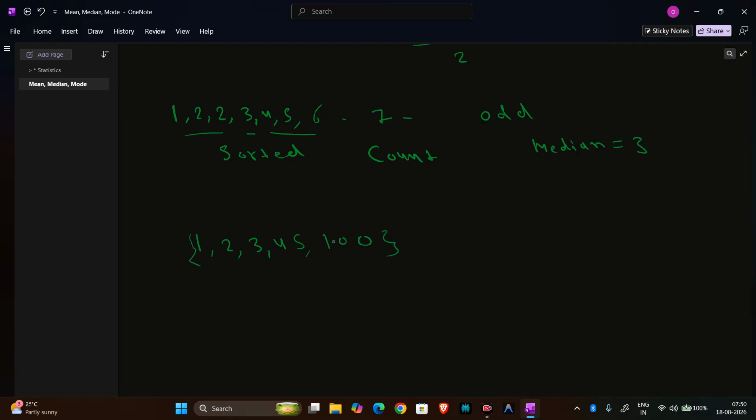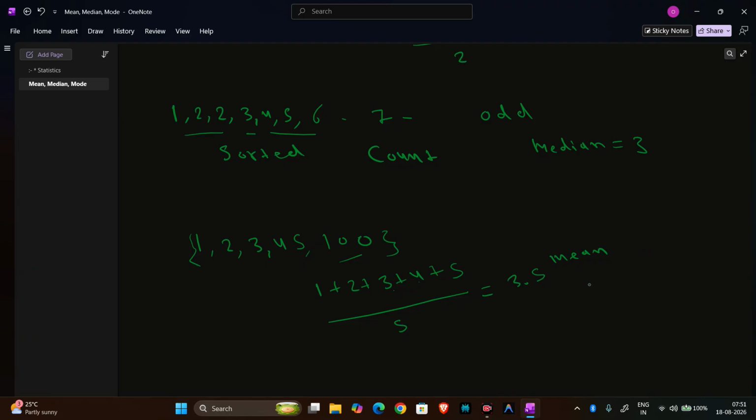If we calculate 1 plus 2 plus 3 plus 4 plus 5 and so on, divided by the count, we get around 3.5 for the mean. So now we have added the outlier.